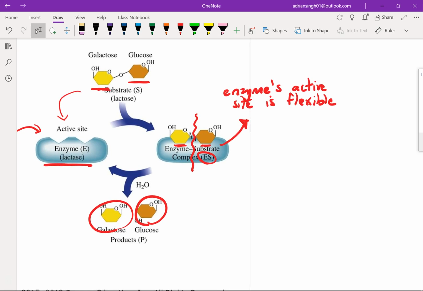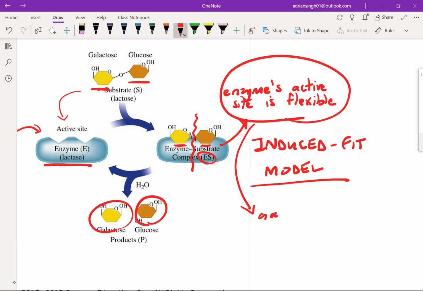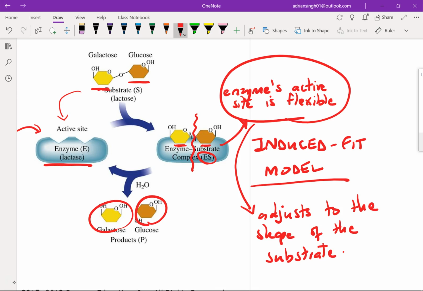All right, so this would be a good example of the induced fit model, where the enzyme's active site is flexible and it adjusts to the shape of the substrate.